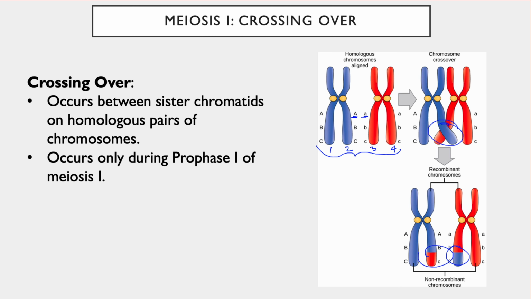And the ones that did not cross over are the ones on the outside, that are called non-recombinant chromosomes. This only happens during prophase 1, does not occur in mitosis, and does not occur in the second stage of meiosis called meiosis 2.